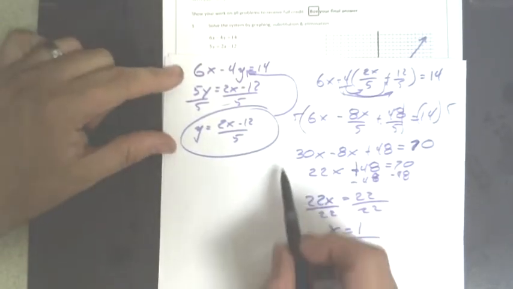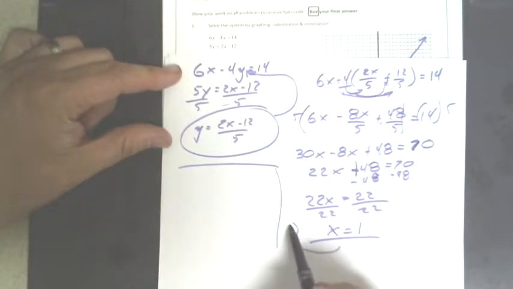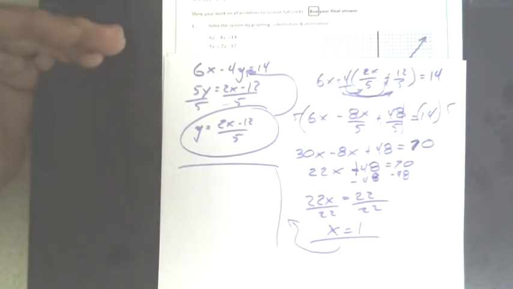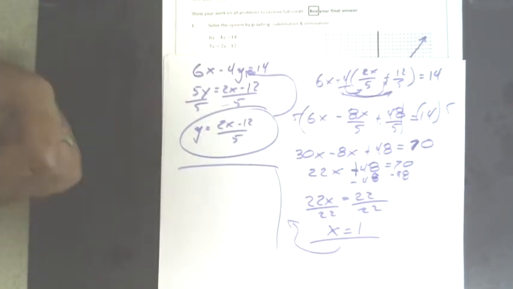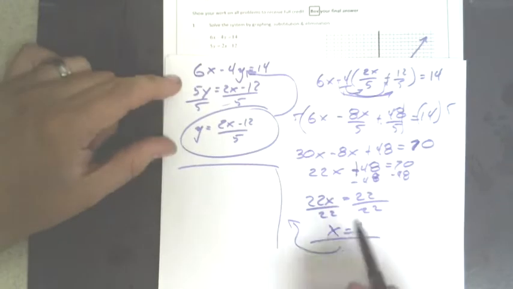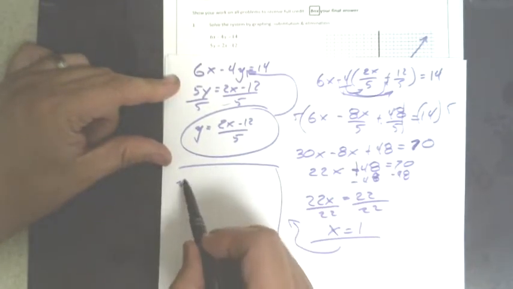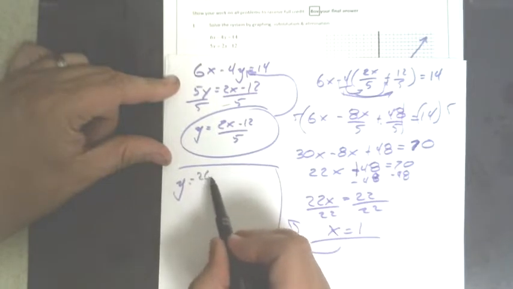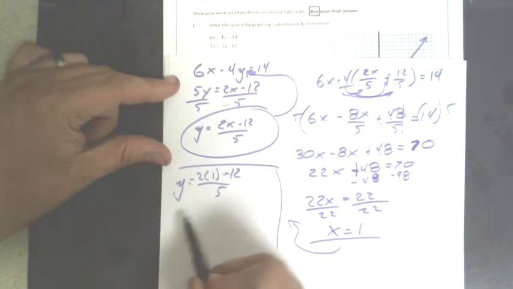X equals 1 is, of course, not our answer. It's half of our answer. Answers to systems should be either ordered pairs if there are 2 variables, or ordered triples if there are 3 variables. So we've got to go find the y. Luckily, we know what y equals. Y should equal 2 times the x value, which is 1, minus 12 over 5.